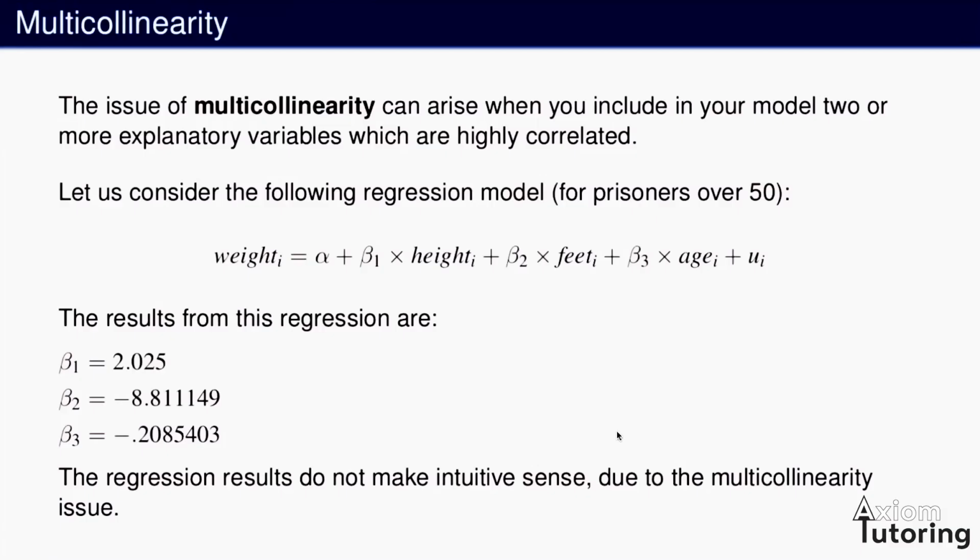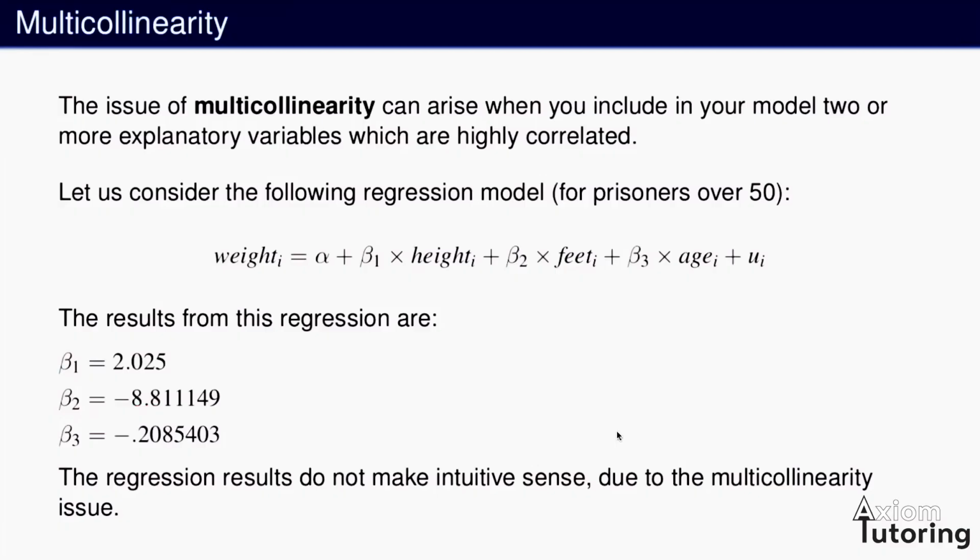If I look at my coefficient beta 1, that would mean that a 1 centimeter increase in height is associated with a 2.02 unit increase in weight. And if I look at beta 2, it would say that a 1 foot increase in height is associated with a 8.8 unit decrease in weight.